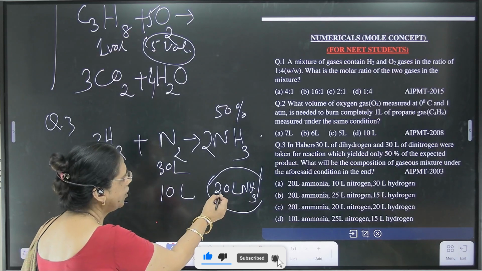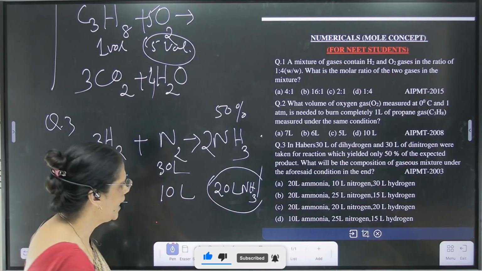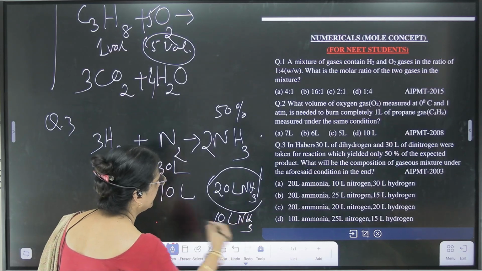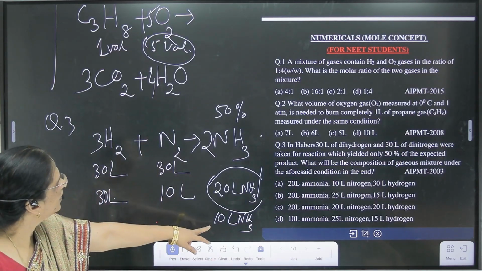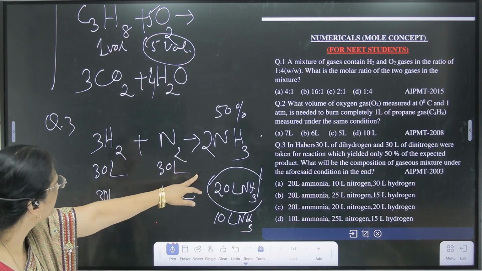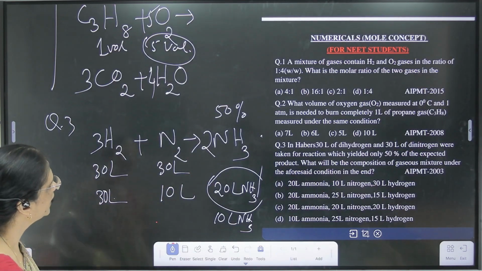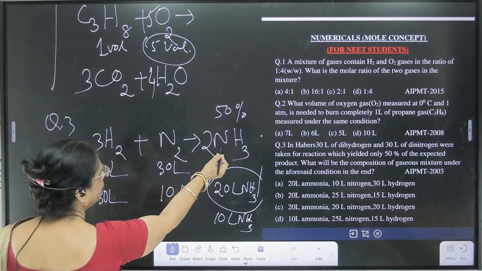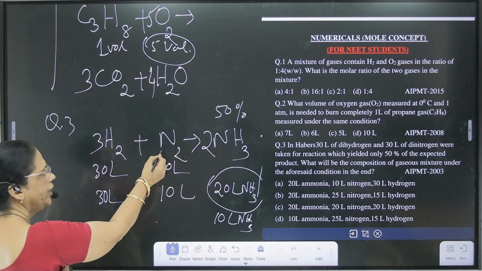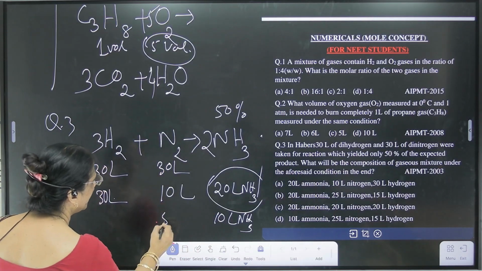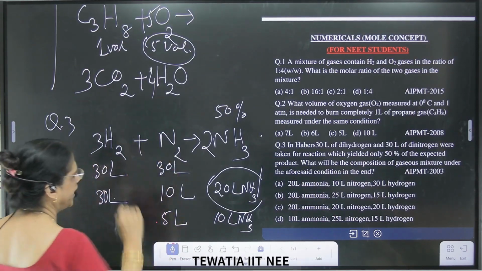So, you are not getting 20 liter of ammonia, but you are getting 10 liter of ammonia in the product. Now, 10 liter of ammonia means how much of nitrogen and how much of hydrogen? Here 2 liter of ammonia is equivalent to 1 liter of nitrogen. So, 10 liter of ammonia will be equivalent to 5 liter of nitrogen.